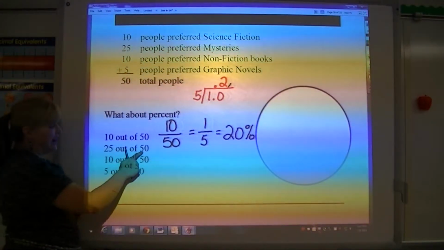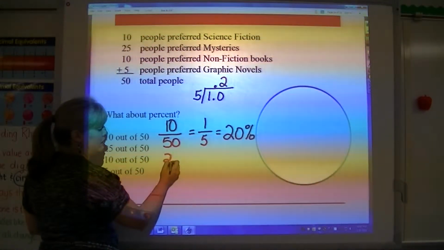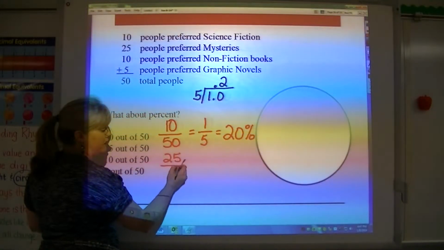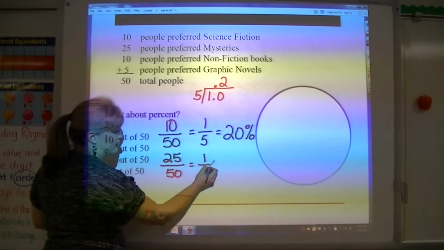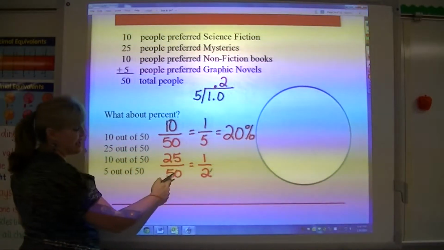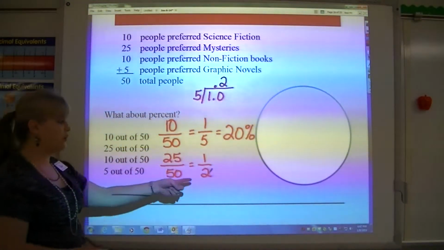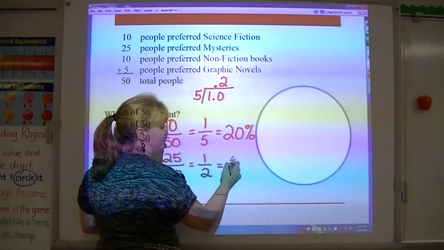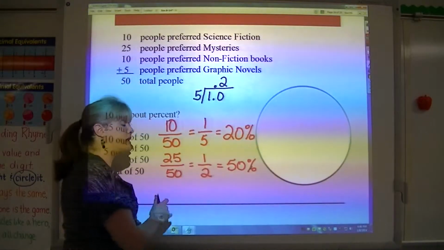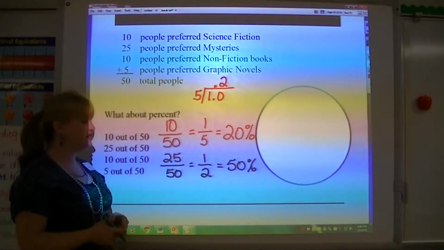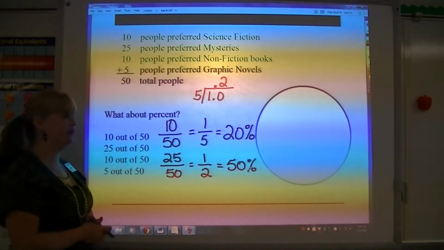Now, 25 out of 50 is the same thing as 1/2, because 25 is half of 50. Well, we know that 1/2 is 50%, because if you divide 2 into 1, you get 0.5, just like above here, and 0.5 is the same thing as 50%.